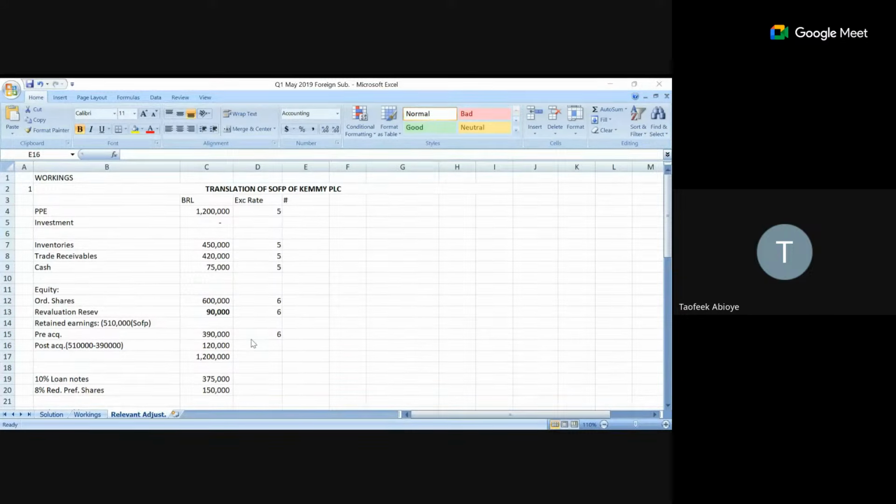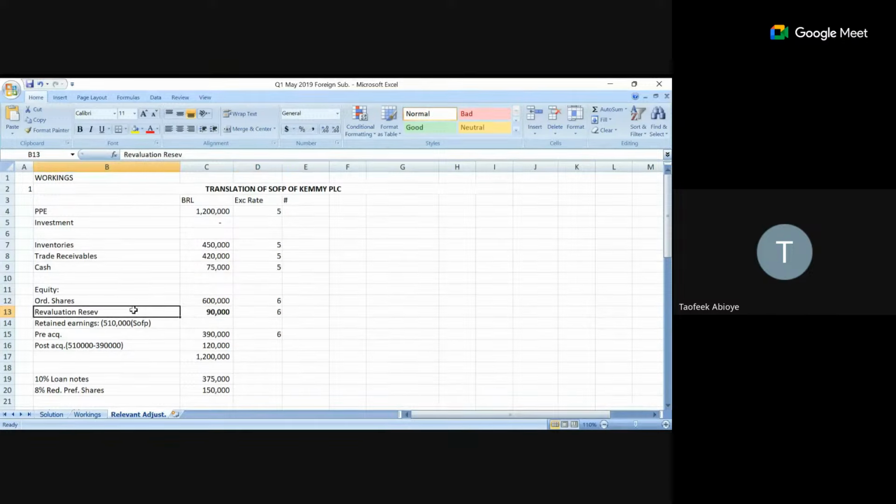So we are taking it to revaluation reserve. Invariably, that revaluation surplus has been included. That is what I was saying the other time, that we should take note. When I was reading the additional information, I said please, let's take note of revaluation reserve. The examiner told us that it has been included. So since it has been included, that means this revaluation reserve is not as a DOA.